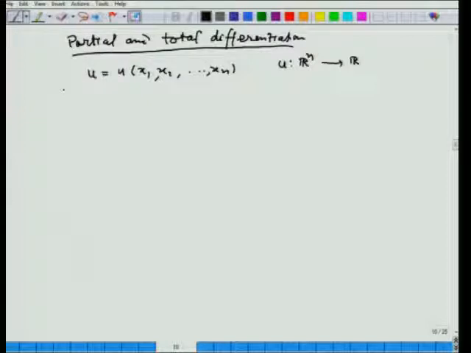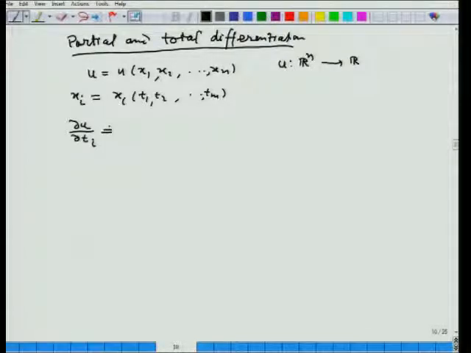And these x1, x2, xn are in turn, each xi is a function of, let us say, t1, t2, tm. Then we will be considering del u over del ti.